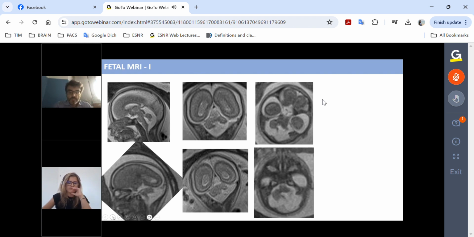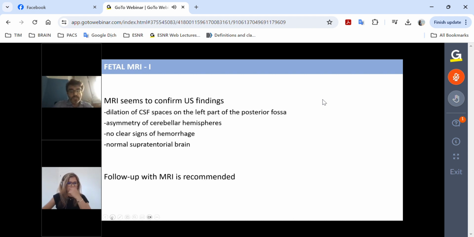You can see small pieces of tissue which are irregular, but no signs of hemorrhage are detected at this moment. So we conclude on this first MRI that the patient has a dilation of the CSF spaces and asymmetry of the cerebellar hemispheres, no signs of hemorrhage, and a normal supratentorial brain.